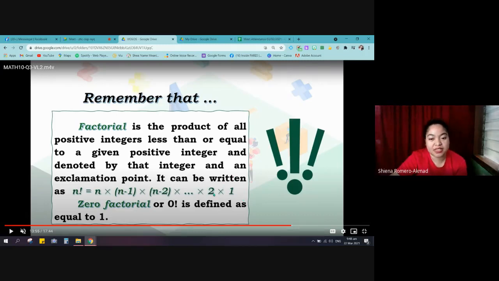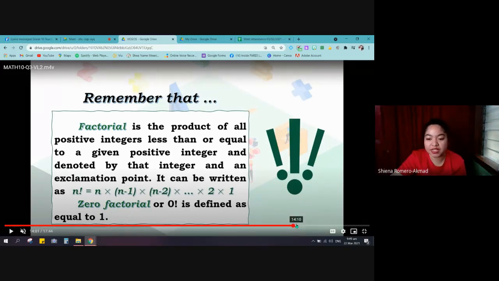Hanggang 1 lang tayo. Then, you also have to remember that 0 factorial is defined as equal to 1.